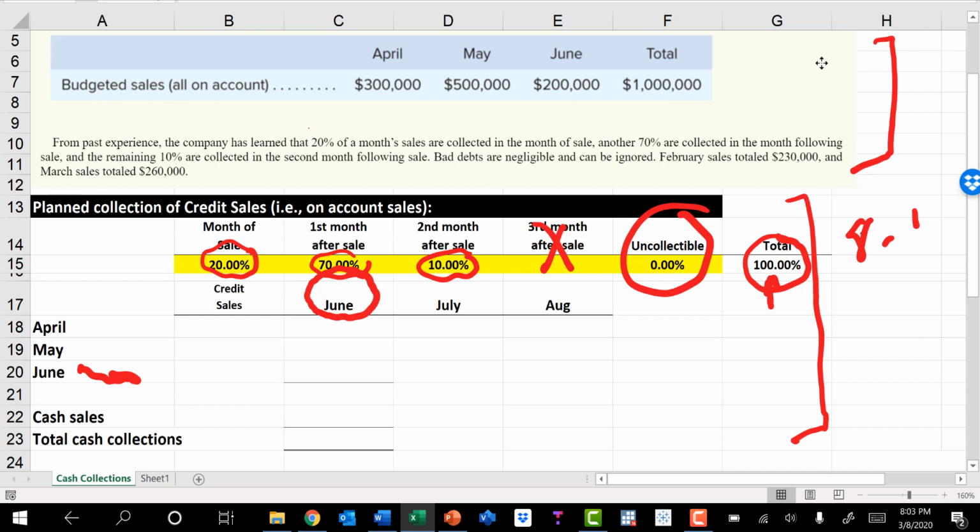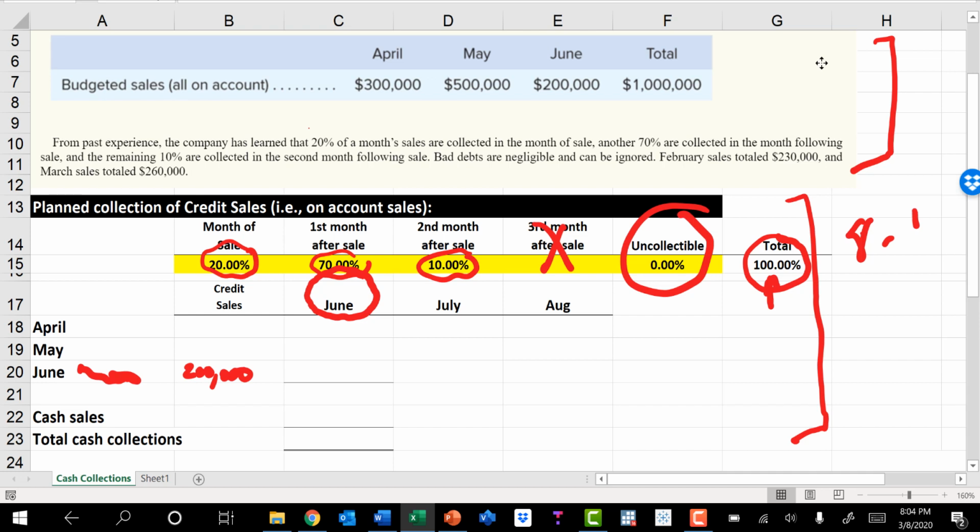At that point, I need to figure out, okay, how much do I collect and when? So the first question here is, what are my credit sales for June? And that amount is $200,000. Can everybody find that? It's up in the problem. It says $200,000.